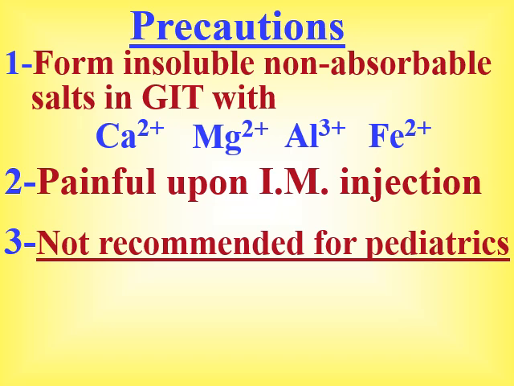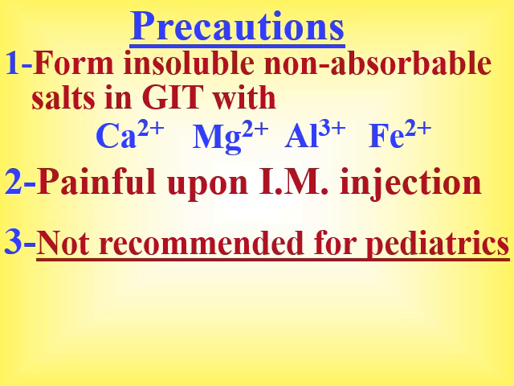We can give tetracycline intramuscularly by adding EDTA to the injectable product. In this case, EDTA will form a water soluble complex with calcium, therefore the tetracycline will not cause chelation with calcium, no precipitation, and no pain upon intramuscular injection.